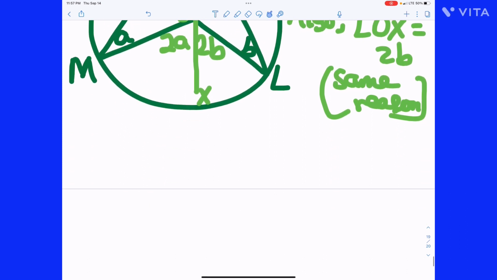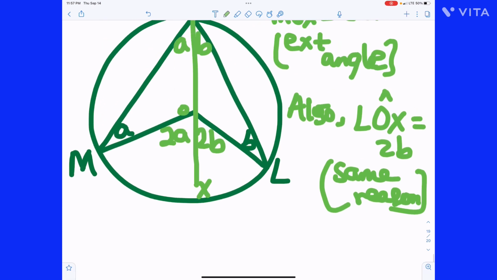So there are two angles at O. One is obtuse, and one is reflex. The obtuse is less than 180, but the reflex is more than 180.